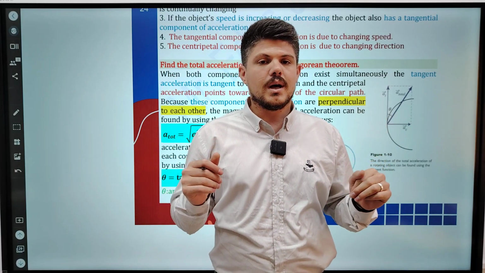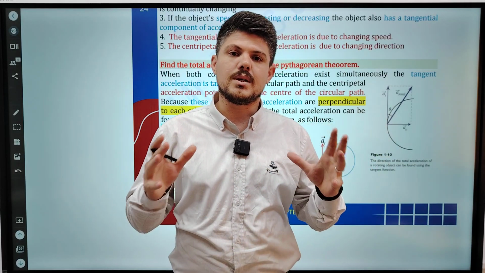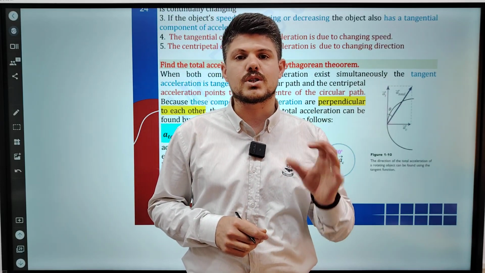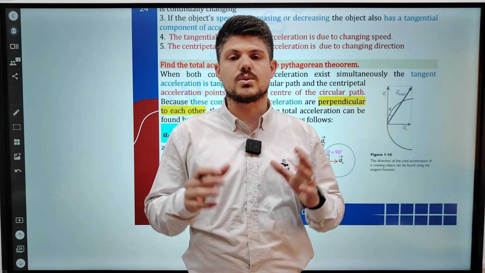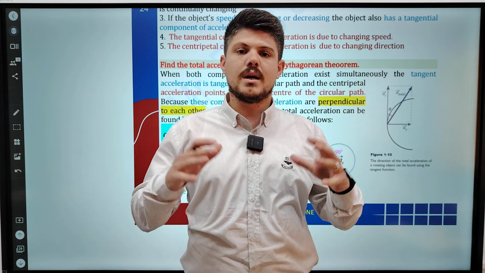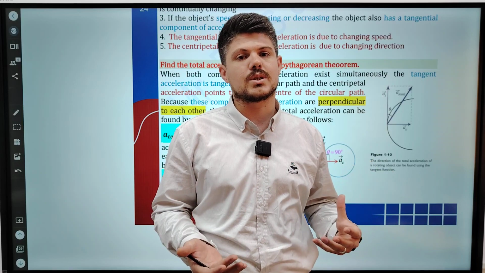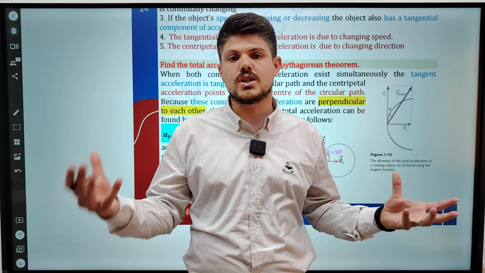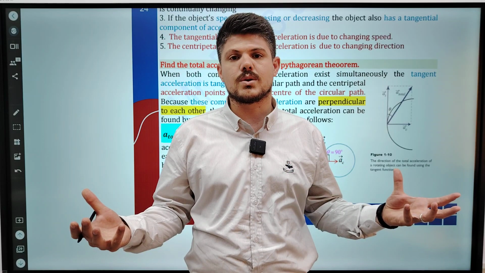After that, we studied centripetal acceleration, which is the acceleration produced by changing the direction of the velocity. As you know, velocity is a vector quantity. It has both magnitude and direction. By changing magnitude, tangential acceleration is produced, but by changing direction, centripetal acceleration is produced.